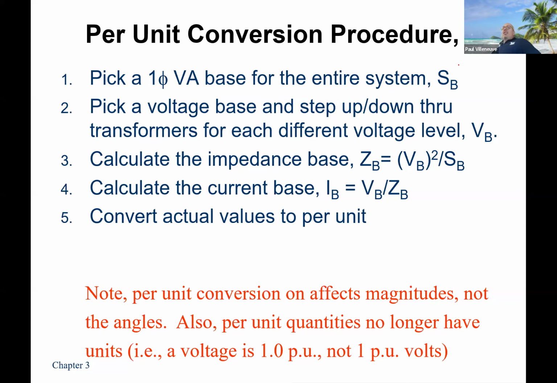my voltage on my high side is equivalent to 1, right? It's 1 per unit or a ratio of 1. And on the secondary side, what would the ratio be for that voltage? It's still 1, right? Because it steps it down to 20 kV, that takes that 1 and steps it down to 1.